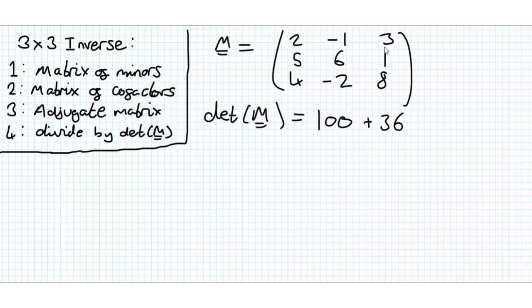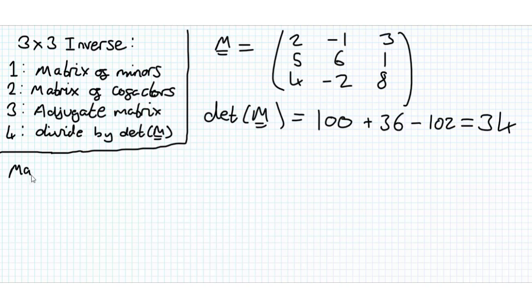Then this last one we get 3 times, crossing out this and this one, 5 times minus 2, that's minus 10, minus 24, that's minus 34. If you minus 3 times 34, you're taking off 102, so our determinant's equal to 34. Okay, so that's sorted.